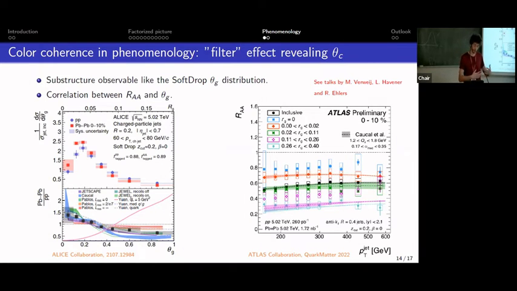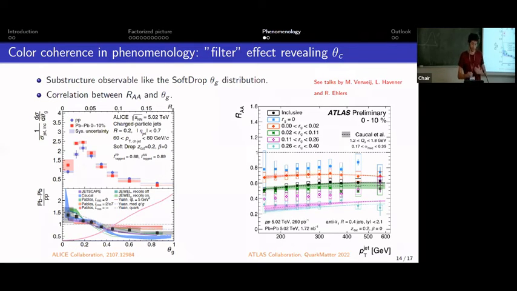Of course, there are other effects, as we have seen, like the narrowing of the distribution due to the fact that at larger pT, jets tend to be narrower. But we see that, for instance in this plot, or if we give parametric estimates of the θc angle, the transition scale is given by θc.